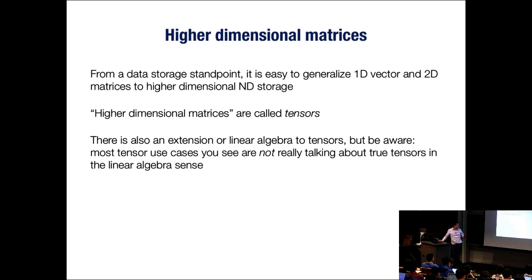The other thing I'll say is that there also is another linear algebra view of tensors, where tensors are the multidimensional analog to linear operators, right? They are multidimensional linear operators. For the most part, there isn't that much data science that uses the linear algebra view of tensors, I will say. There is some.